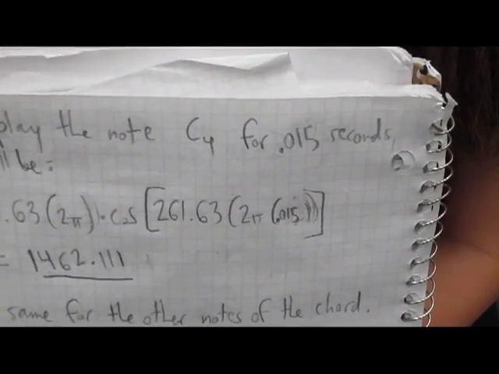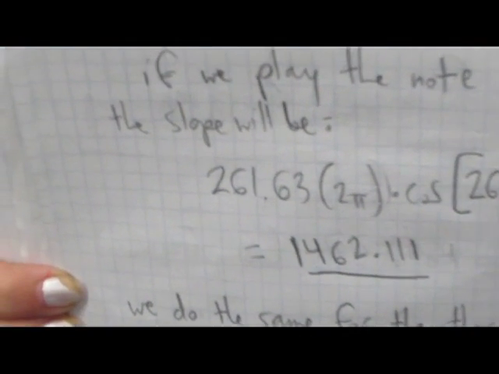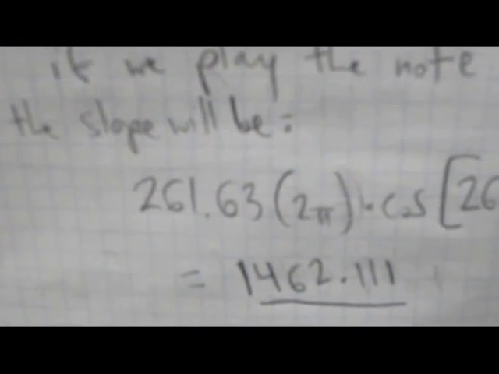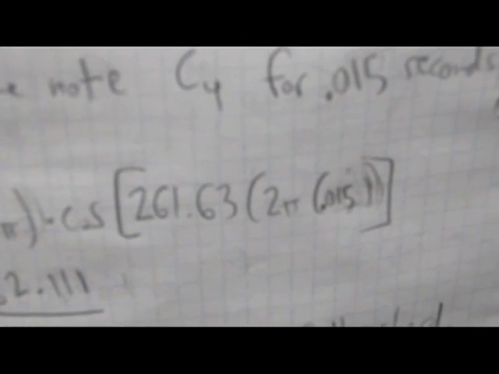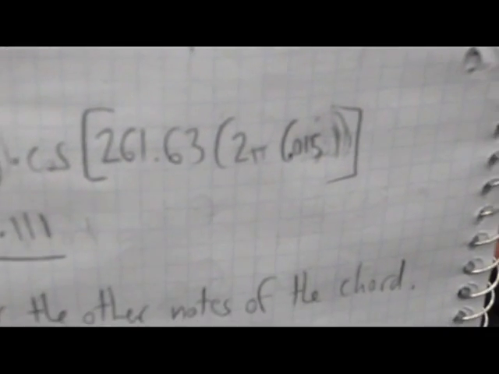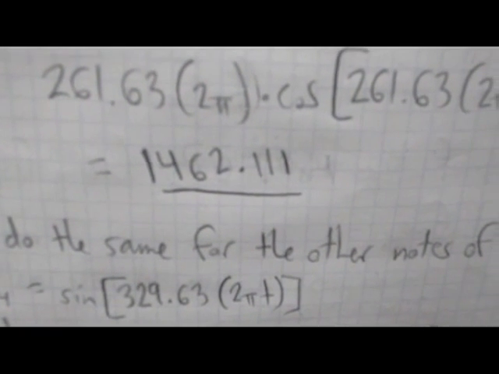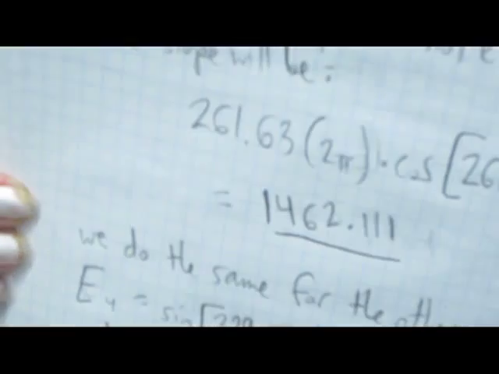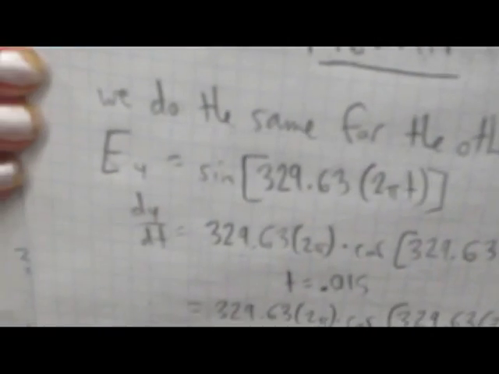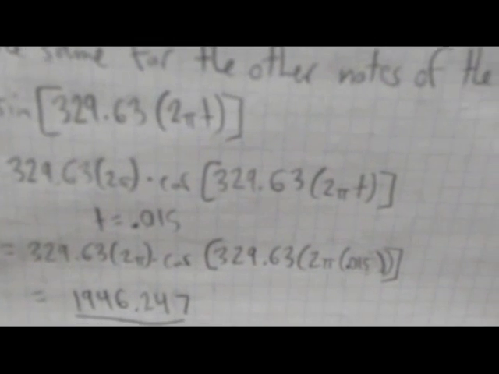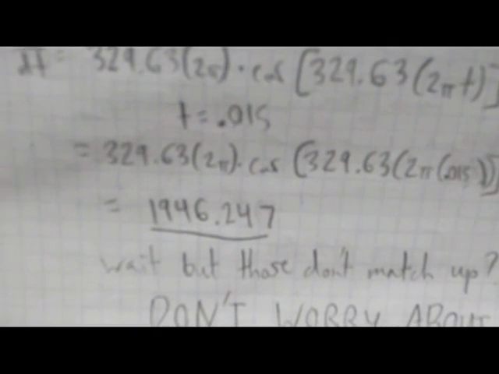So if we play the note C for 0.015 seconds, because that's where the slopes first match up, the slope will be, if we plug everything in, 261.63 2 pi cos 261.63 2 pi 0.015. That equals 1462.111. Now, that is the slope of the first one. Now we're going to get the slopes of the other ones. We do that for E, we plug in the frequency and the time, and you get 1946.247.